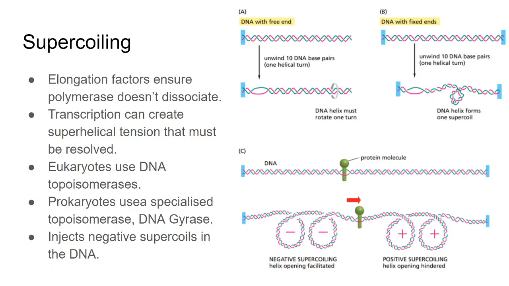This is just a very easy way to depict what happens. So you just assume our DNA resembles a DNA with two fixed ends, and once you start unwinding the DNA, instead of simply rotating like it could with a free end, it forms supercoils.